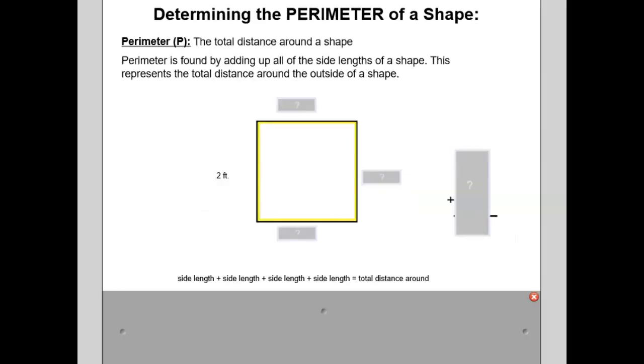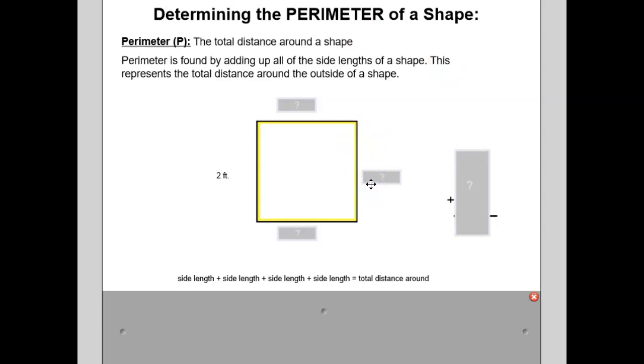Okay, let's do another one together. So boys and girls, let's determine the perimeter of this square. Pause the video and please on your scratch paper, draw this square. Thank you. So on your scratch paper, you should have a square that matches the square on my screen.